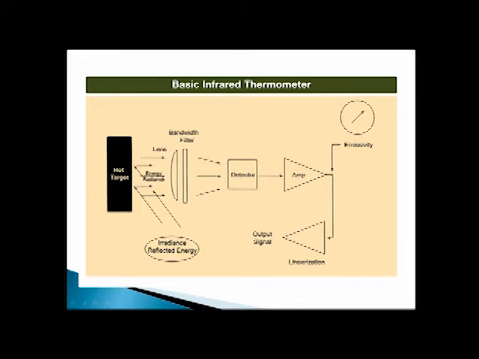All infrared thermometers function utilizing these basic design principles.